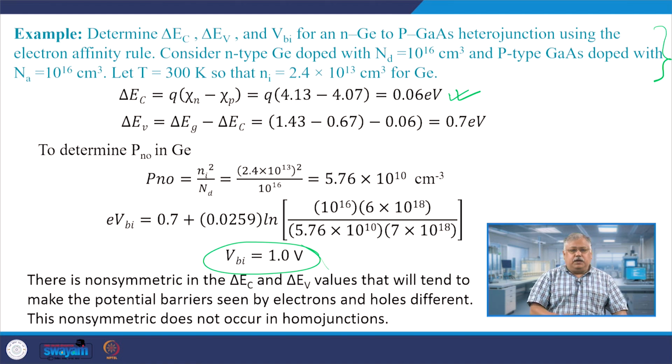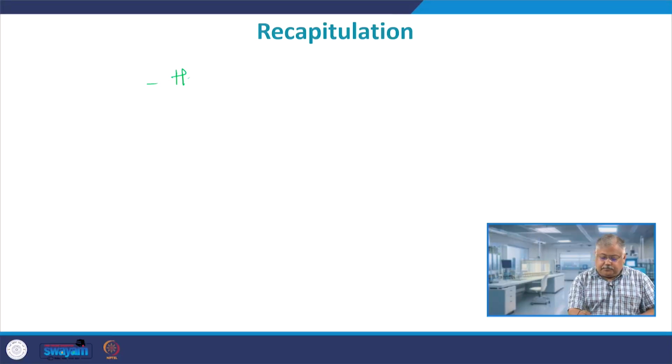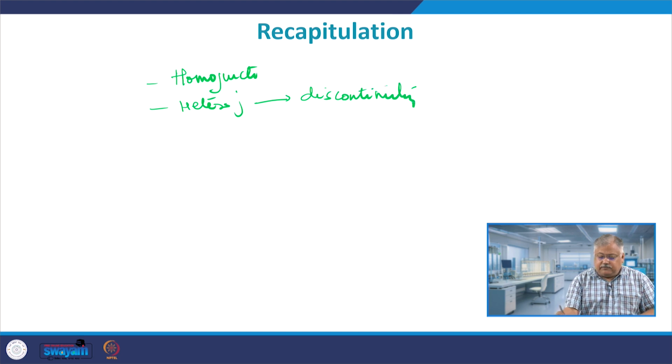Now, with this, let me recapitulate what we had discussed till now. We looked into the basic idea of homojunction, how a homojunction worked. Then we came to heterojunction and explained the discontinuity and how the discontinuity is related to other factors.